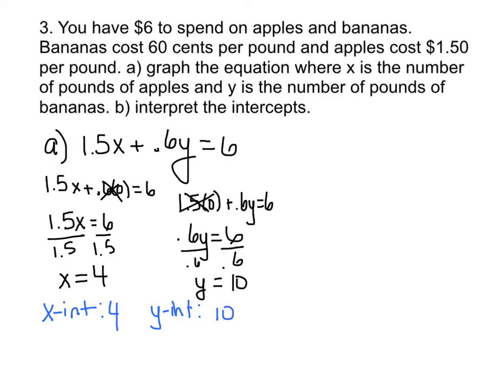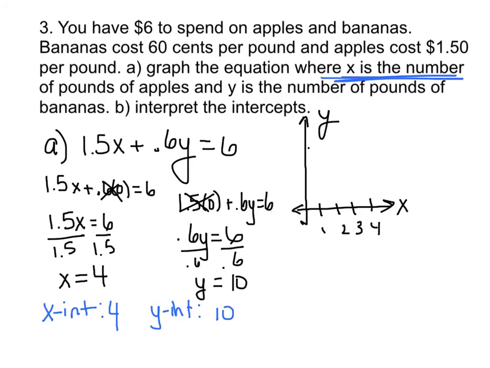So if you graph this, my x-axis has to go to 4. So 1, 2, 3, 4. Now, this is where you have to make this quality work. X is the pounds of apples. So x is apples.